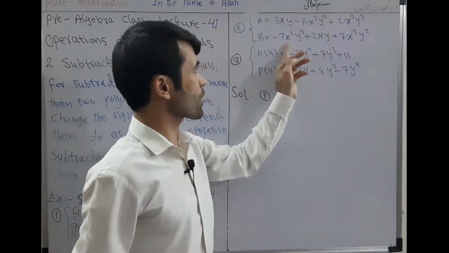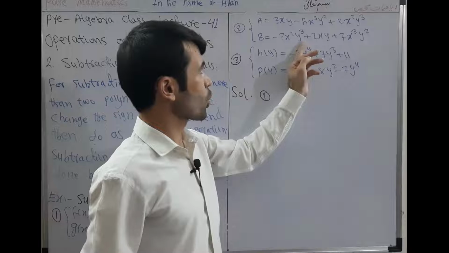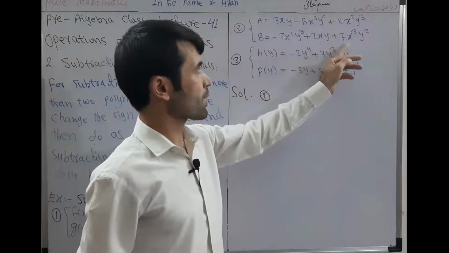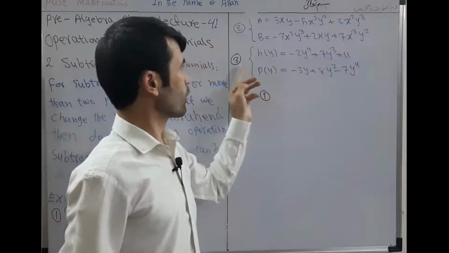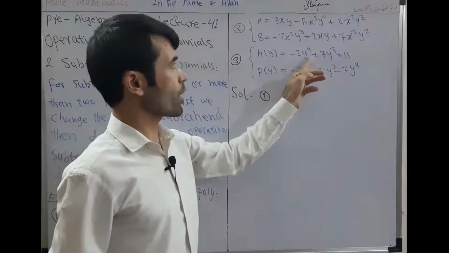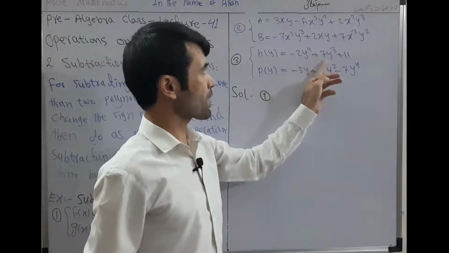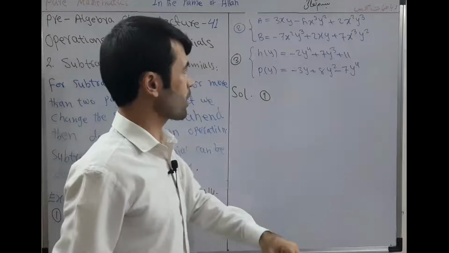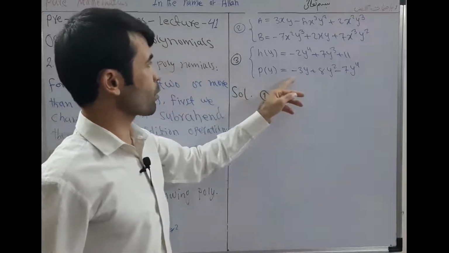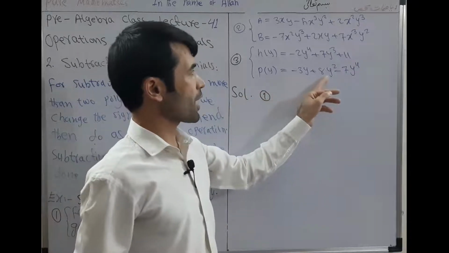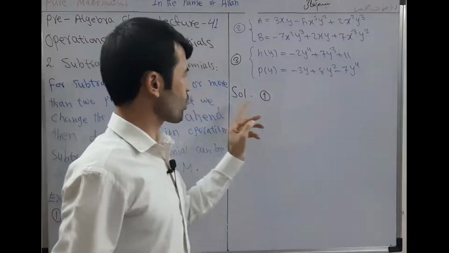B is equal to minus 7x squared y cubed plus 2xy plus 7x cubed y squared. Number 3, h of y is equal to minus 2y to the power 4 plus 7y to the power 3 plus 11. P of y is equal to minus 3y plus 8y squared minus 7y to the power 4.